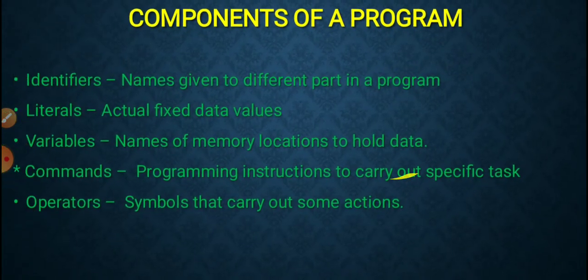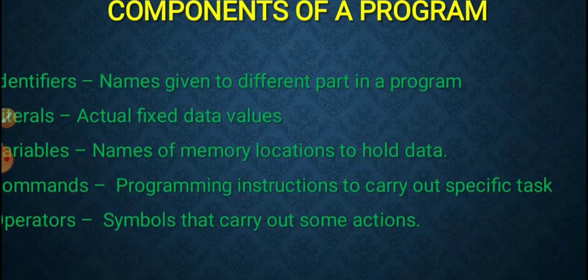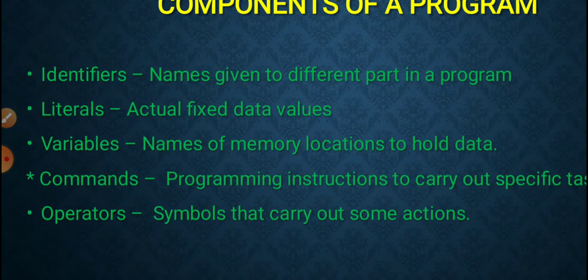Next topic is components of a program. What are the components we are using in a program? We can use identifiers, literals, variables, commands and operators. These are all the components of a program. So what is identifier?